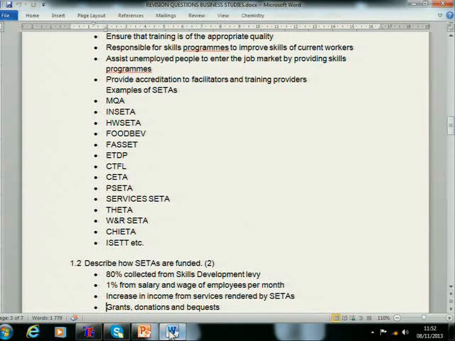These are some of them: MQA, in the example; HWSETA, in the example; FoodBev, FASSET, ETDP, CTFL, PSETA, Services SETA, TETA, W&RSETA, CHIETA, EWSETA. You mention them.